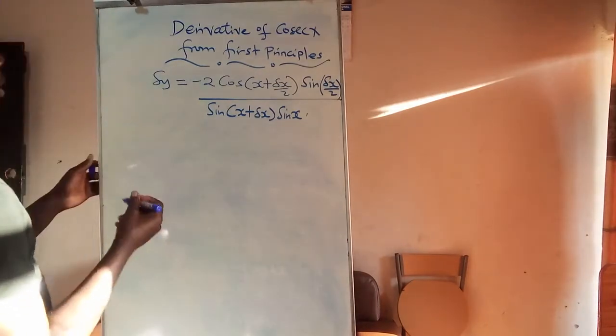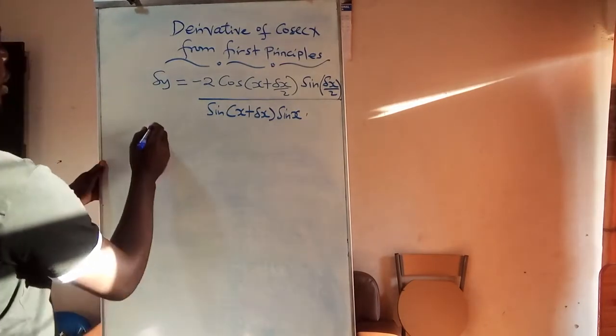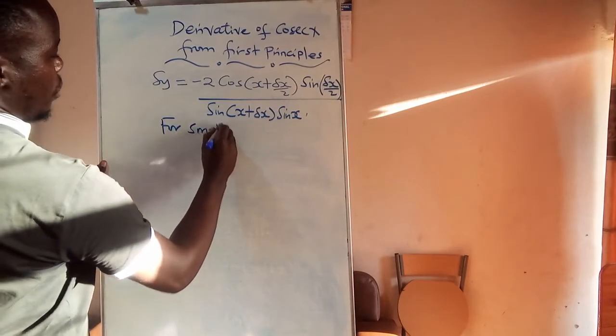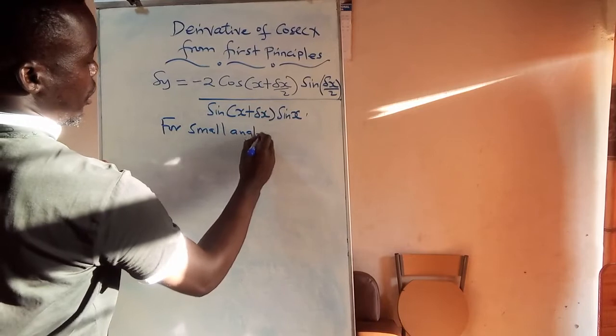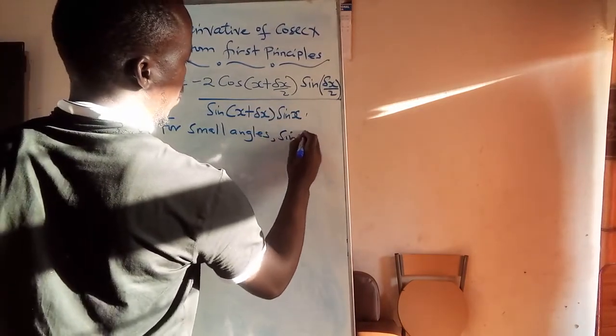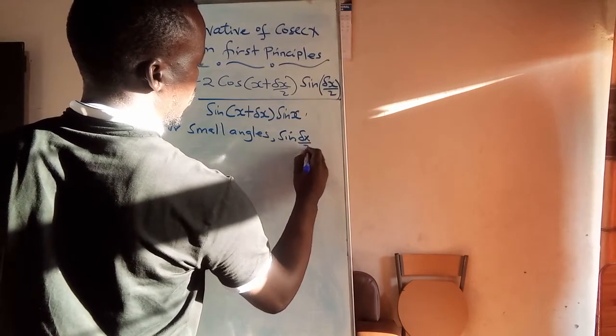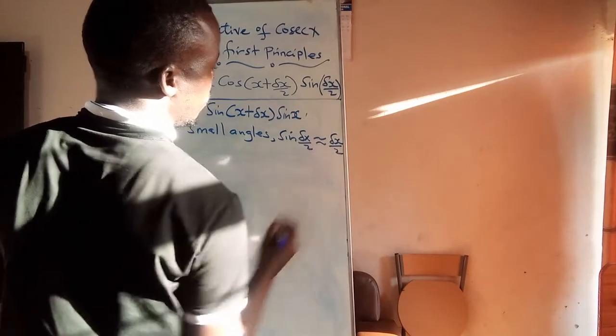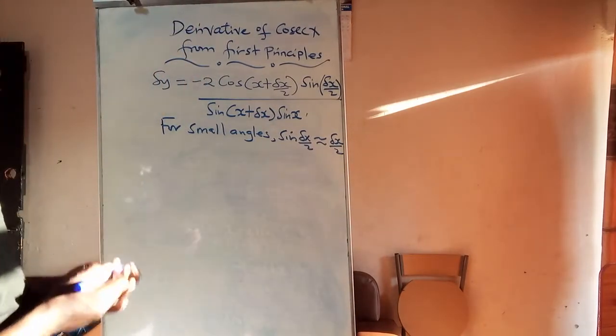Now from that point, we can bring in the assumption that for small angles, we expect sine of delta x over 2 to be approximately delta x over 2.